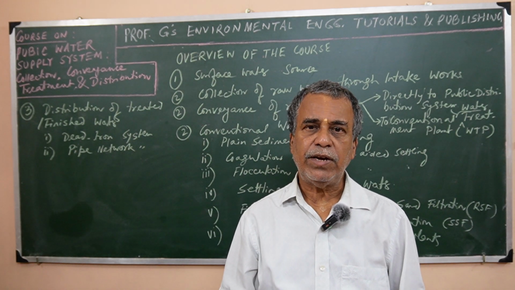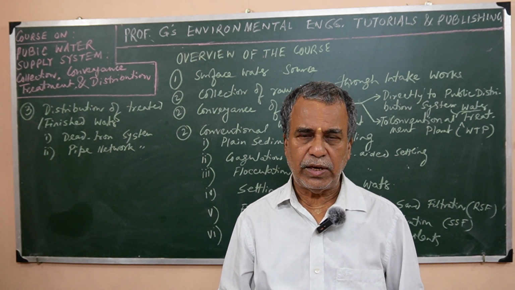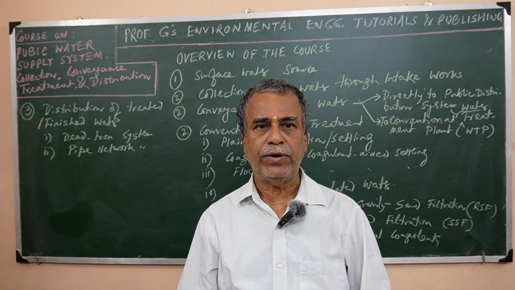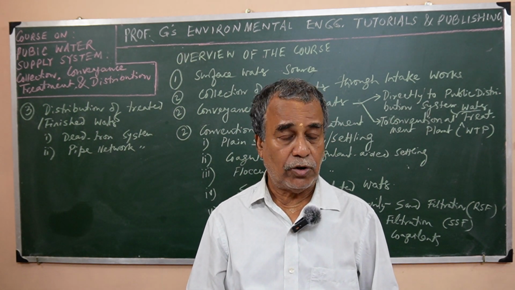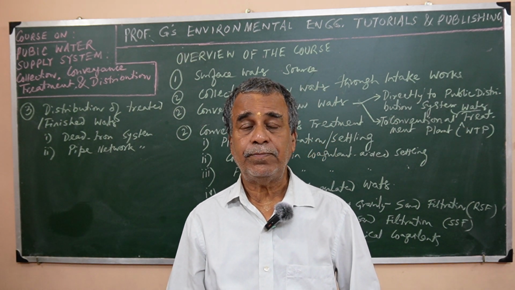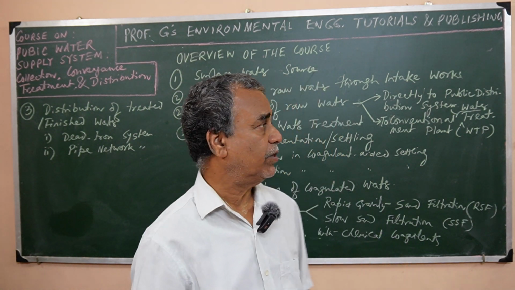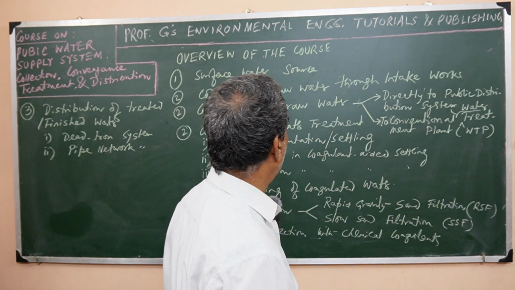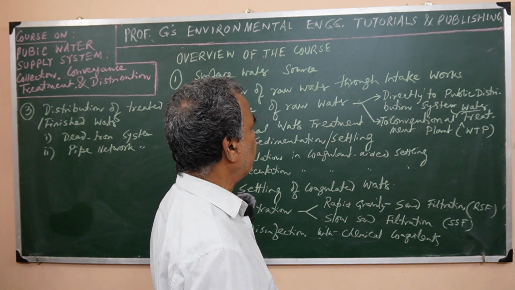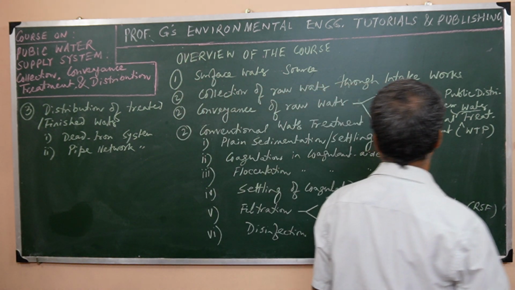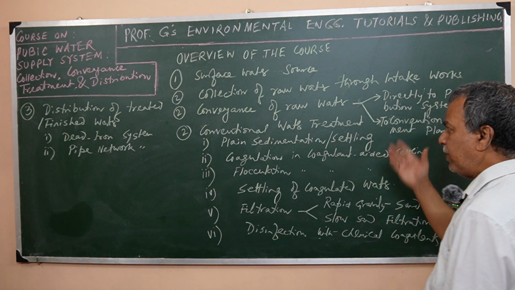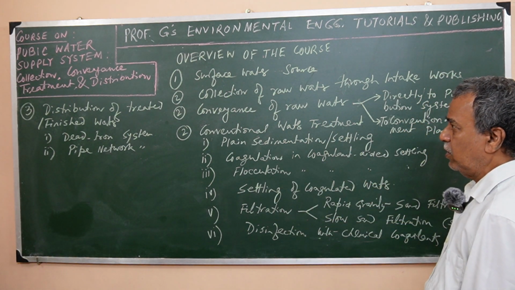Because UV radiation is an advanced method, and that adds cost and also skill to operate and maintain it. That maintenance becomes a problem. So the easiest or the simplest one is chlorination, right?